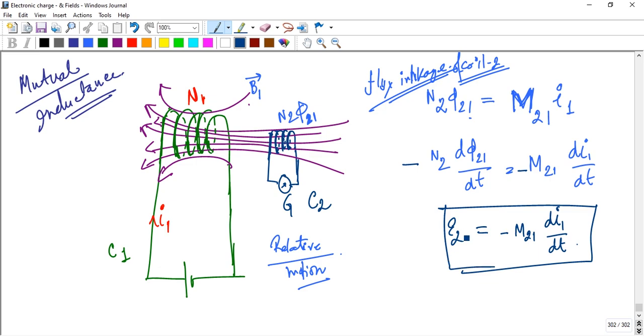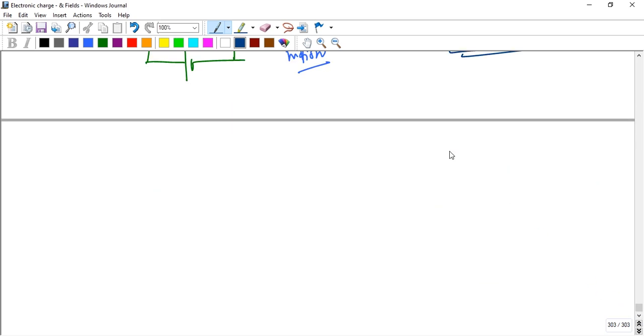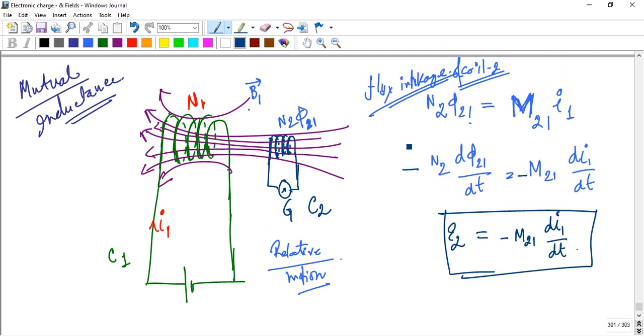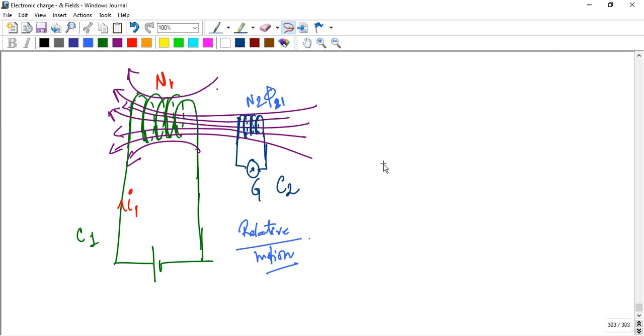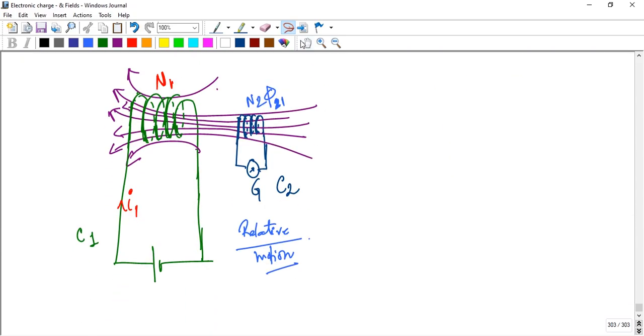Now the reverse case: current produced in coil 2, and coil 1 has its own mutual inductance.